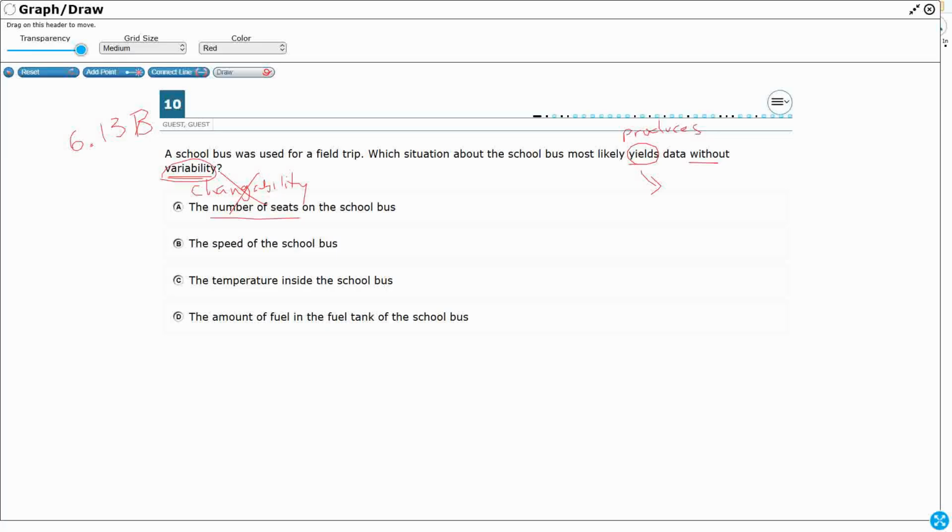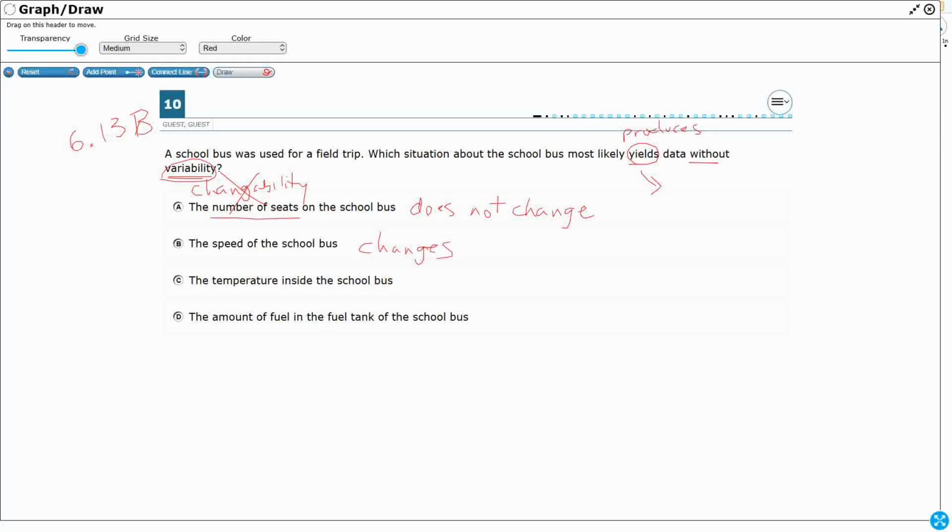So let's just look to see what changes and what doesn't change. The number of seats on the school bus does not change. It stays the same unless they're going to gut the school bus from day to day. Now, the number of students in the bus would change. The speed of the school bus changes all the time as they accelerate and decelerate.